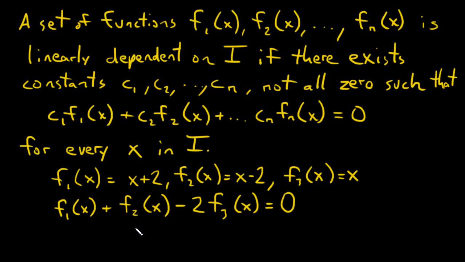Okay? Now, the flip side of that is, let's see, do I really want to write all that out? The flip side is if I do C1 F1 of x plus dot dot dot.